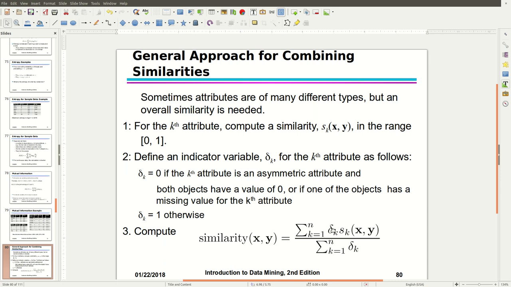If it's not, it will not be counted. And then you will get an overall similarity, which makes complete sense. So you are adding up similarities and dividing to get a general similarity measure for multiple attributes.